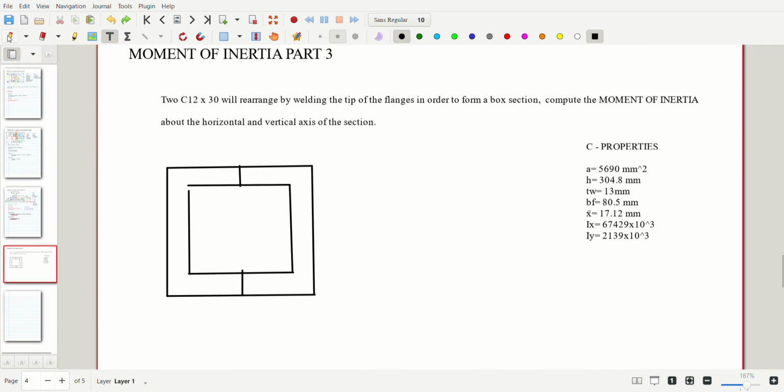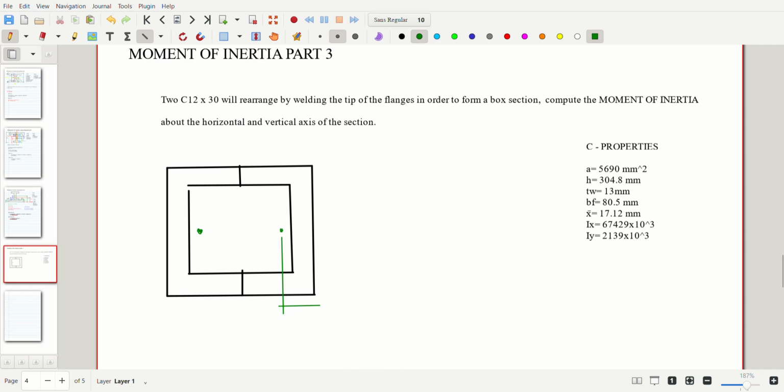So una, identify nimo ang centroid sa each C section. So kini. Tool kayo. Kini, since symmetrical sila, same sila distance. So kini siya nga distance ikan dari kini siya.